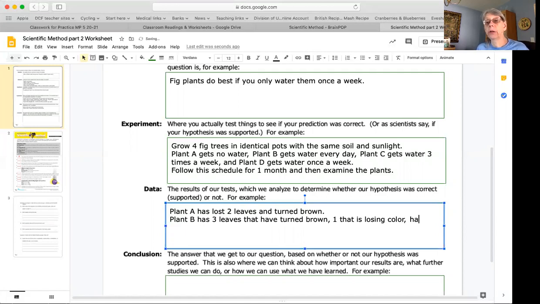Okay, one's losing color, and it hasn't grown. May have to do something here.